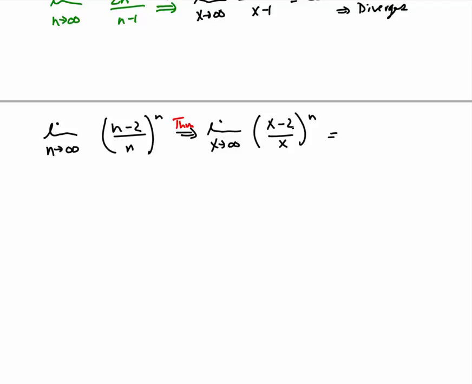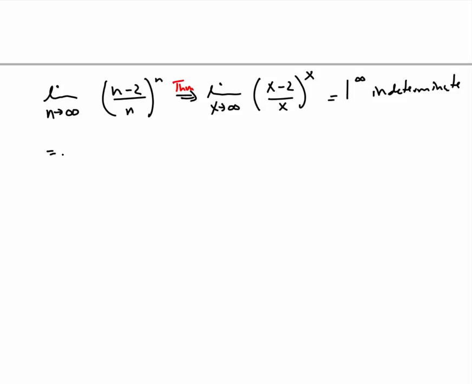If I look at the inside portion here, the degree in the numerator and the degree in the denominator are the same, so I'm thinking this goes to 1. So this is 1 to the infinity. That's an indeterminate form. It's not indeterminate in the L'Hopital's sense, but it's indeterminate. So let's go ahead and try and rewrite this.